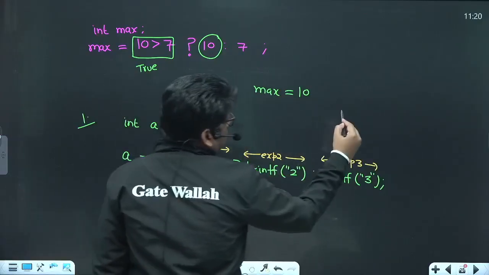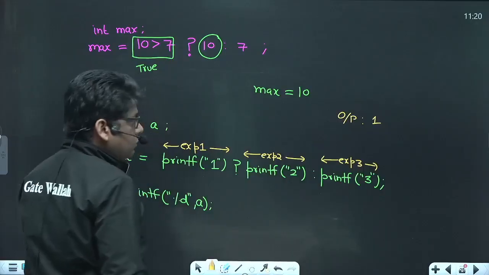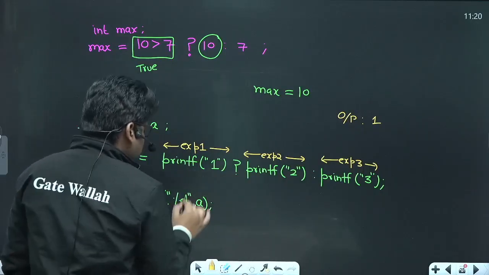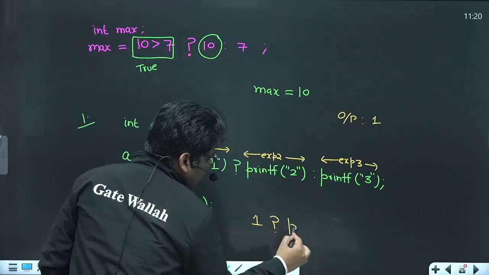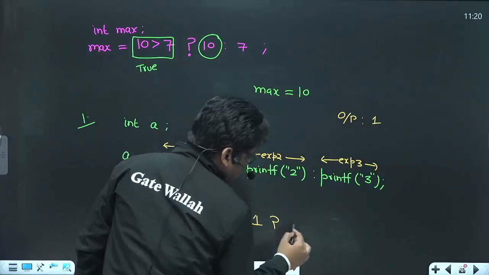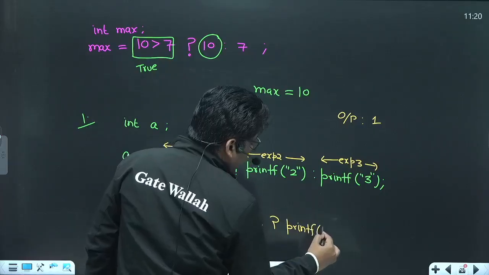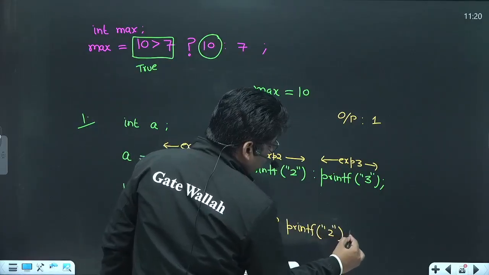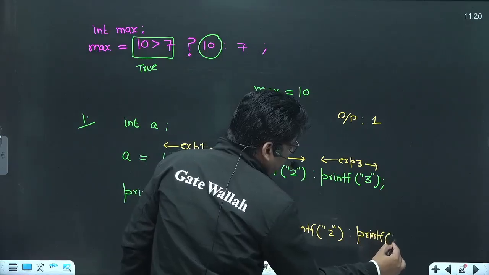That means 1 would be printed. But what is the value of this printf? This becomes 1 question mark printf 2 colon printf 3.